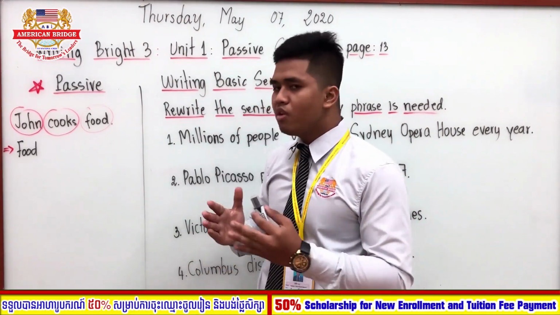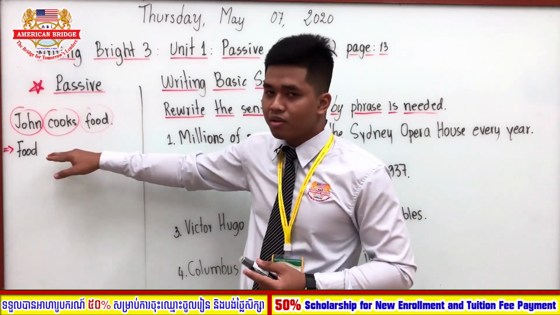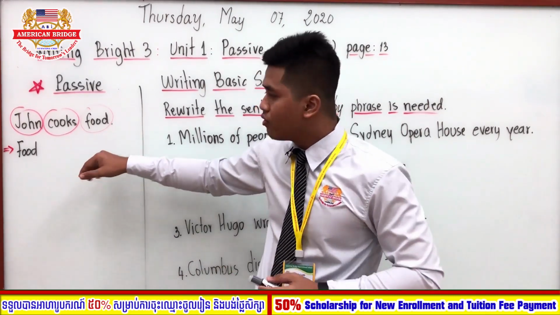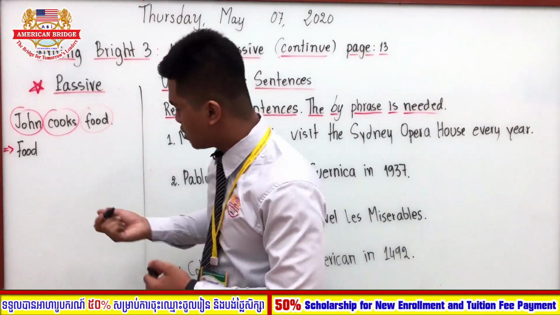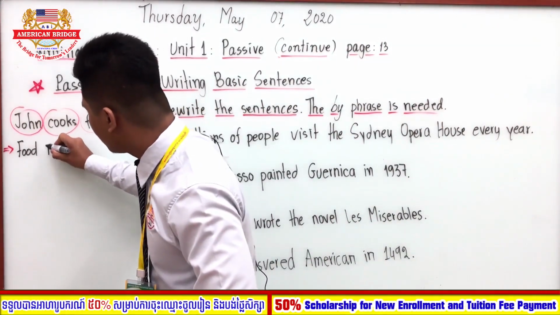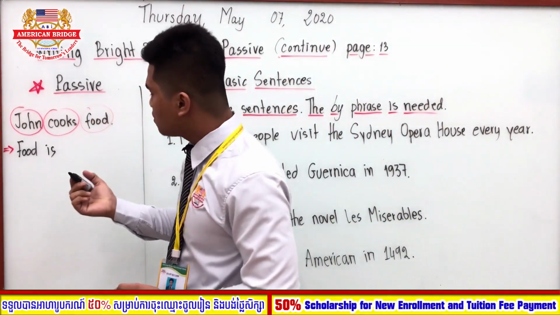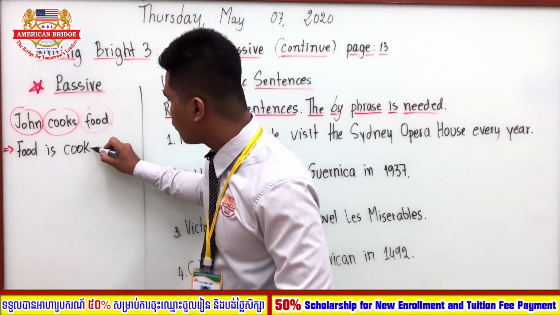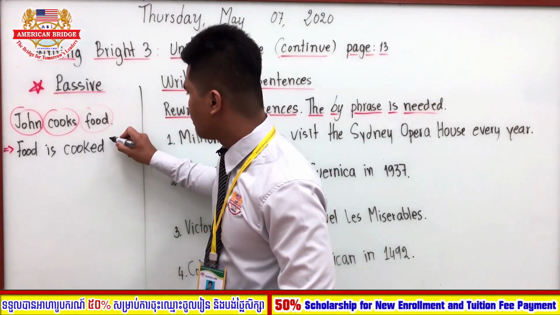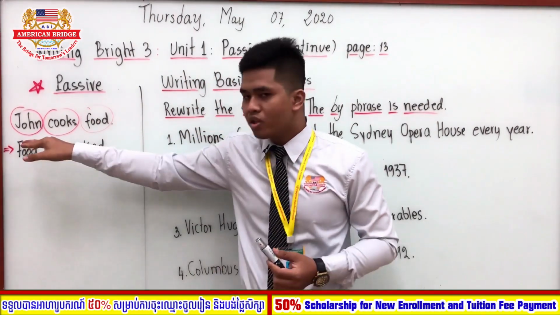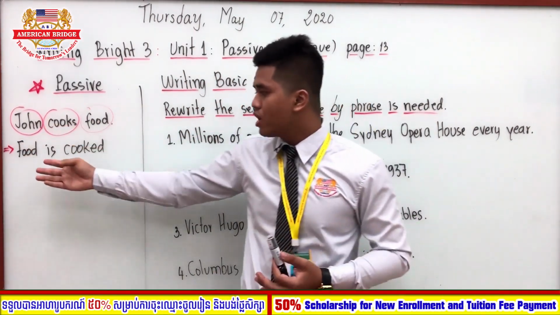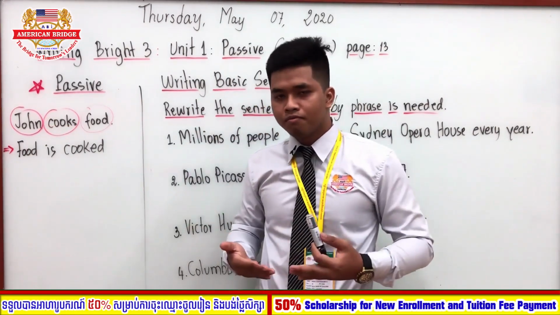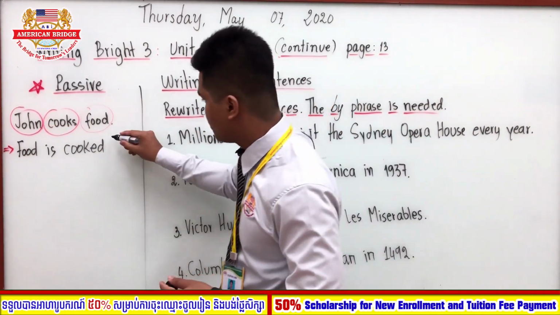So what be verb do we use with present simple? Am, is, or are. Very good. Food is a singular subject, so we use it with is. Food is. And then the past participle of our main verb, which is cooked. Now, should we include the agent? We know that food is cooked by who? By John.